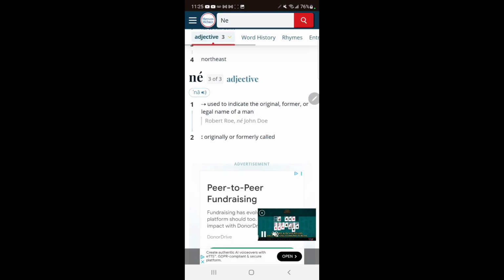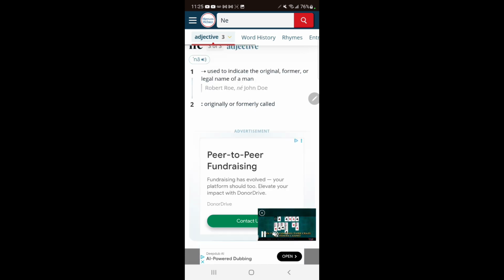And E represents, it used to indicate the original former or legal name of a man. Or in layman's terms, it meant originally or formerly called.